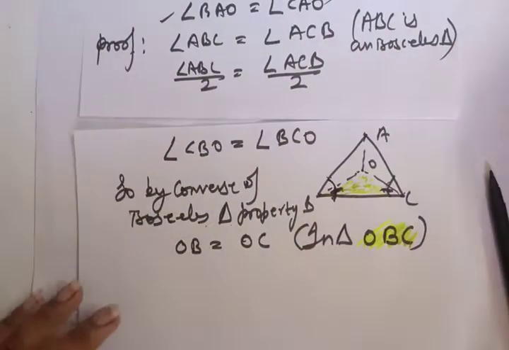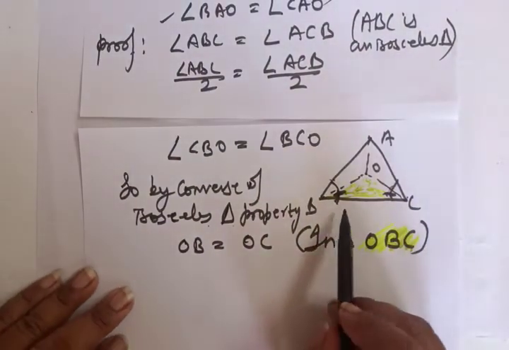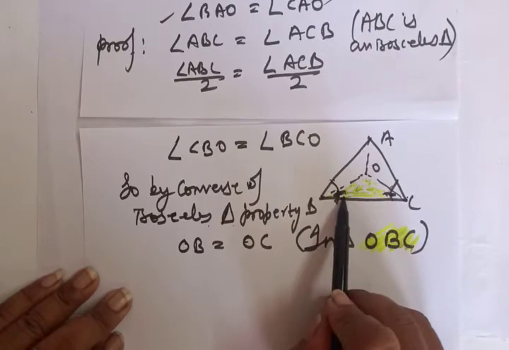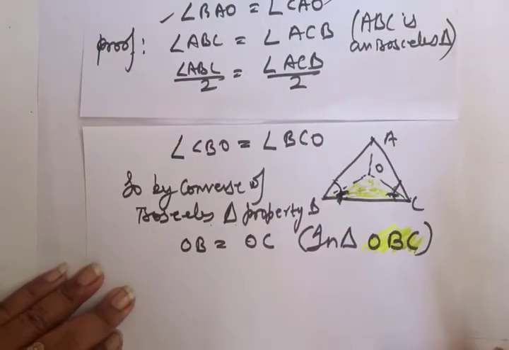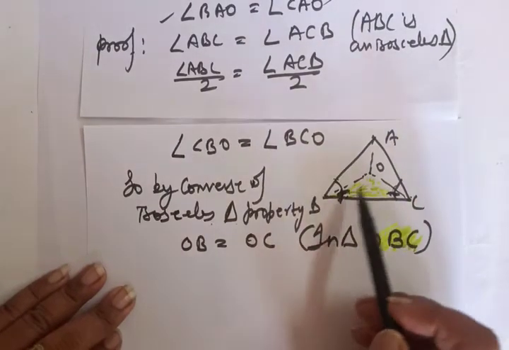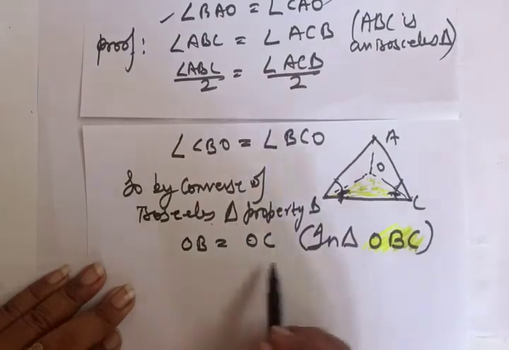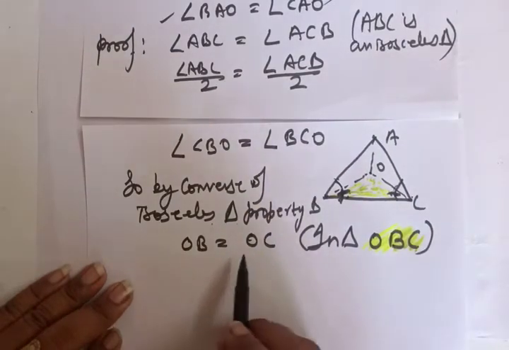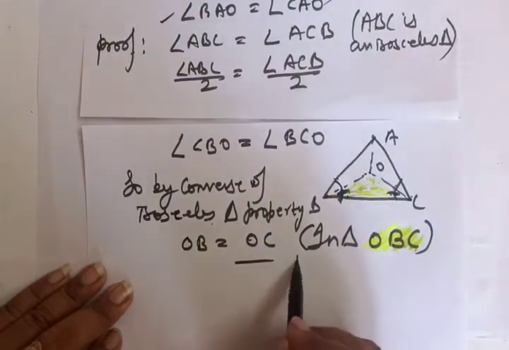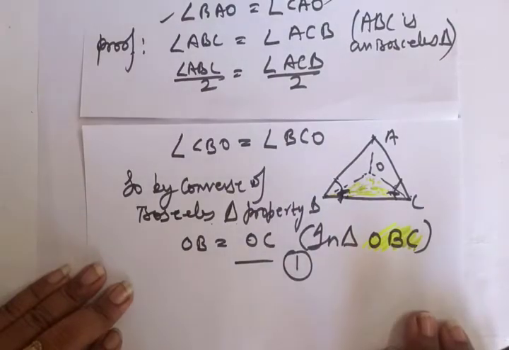Okay, clear? So now we have proved that these two angles are equal. Hence, by converse of isosceles triangle property, these two sides are also equal. So we have proved the first part, that is OB is equal to OC. Yes, we can write here first.